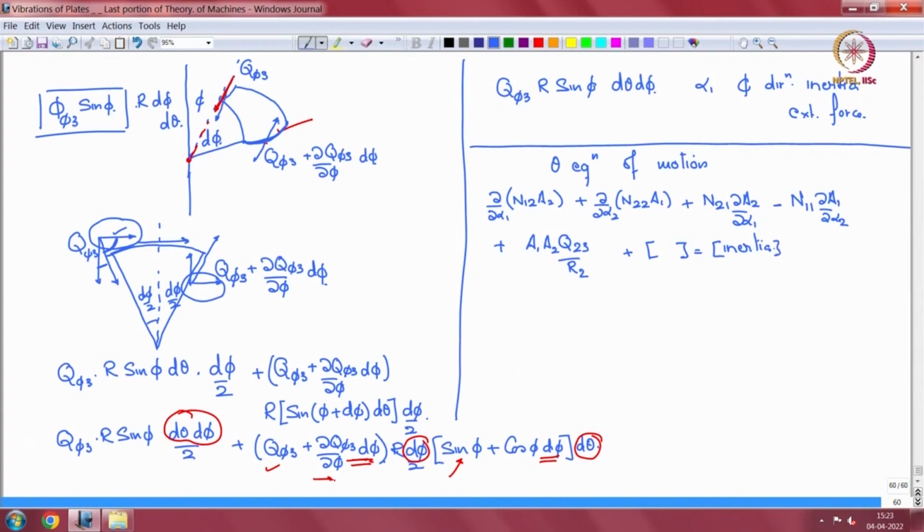Okay. So we'll note this as 1, 2, 3, 4 and 5. Okay, so term 1. So let's look at term 1. Term 1 in the spherical coordinates looks like del by del phi, n12 is n phi theta, a2 is r sin phi.